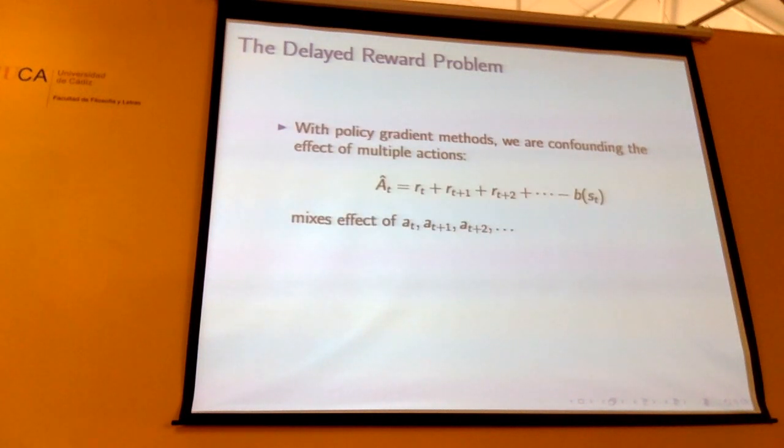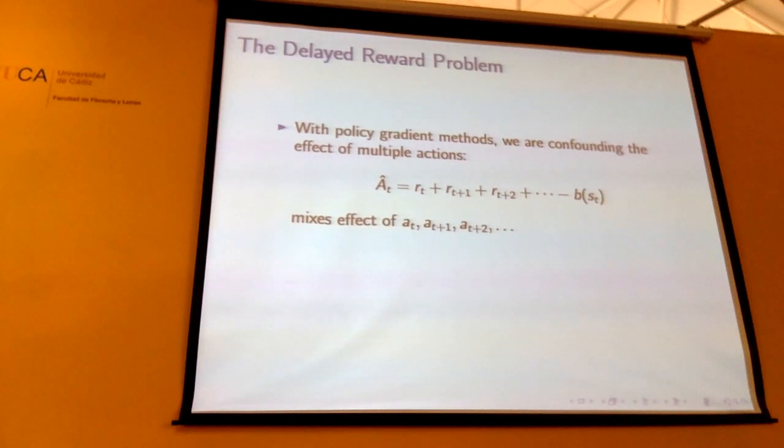So how does this manifest itself in policy gradient methods? With policy gradient methods, the issue is that we're mixing together the effect of many actions. Here's the advantage estimator we were using before.